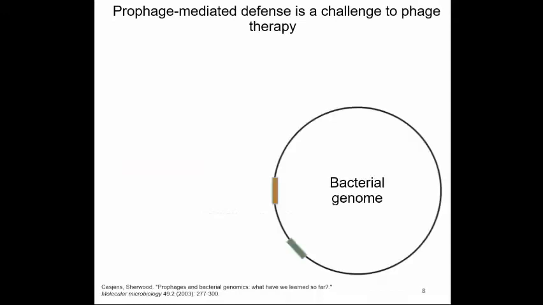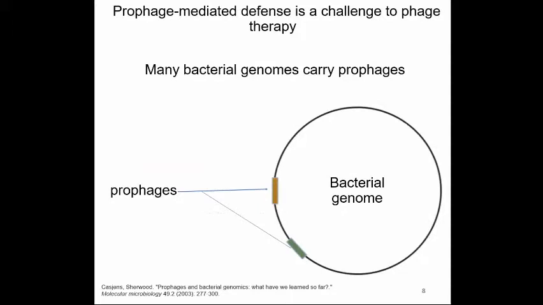So prophage-mediated defense occurs when a bacteria which houses a prophage defends against other phages. So what happens is the prophage, as you can see here, this bacteria genome is just a cartoon, has some prophages here, and these prophages express certain genes that defend the bacteria from infection or from attack by other viruses.